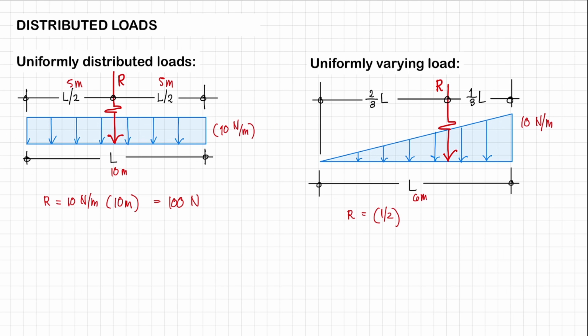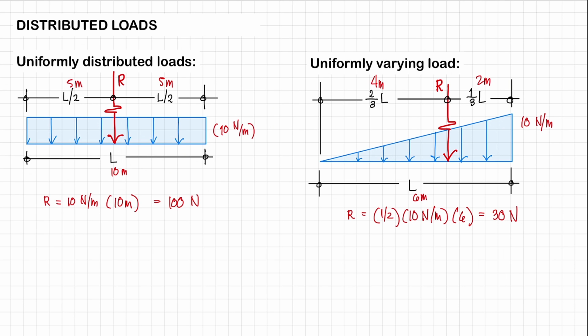So one half base, or rather height first, 10 newtons per meter times 6 meters, and that is going to be equal to 30 newtons. Your resultant is going to act on the centroid of your triangle. In our case, this will be 1/3 from this side of your triangle. So 1/3 of 6 is just going to be 2 meters, and this one is going to be 4 meters.